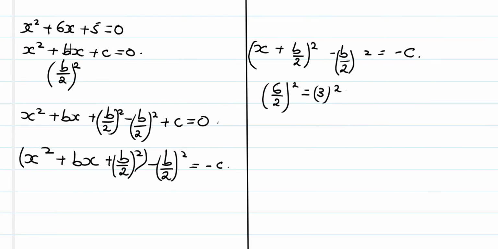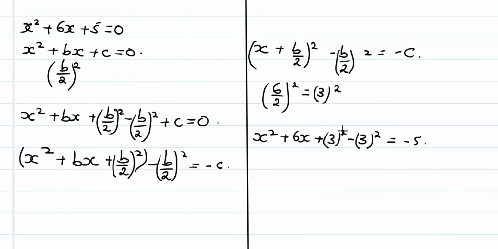So in the original equation, I take x squared plus 6x plus 3 squared, and then again minus 3 squared, so that 3 squared minus 3 squared is 0, and it will not affect the original equation. Then I take this 5 to the other side the way we did with this c, so it becomes minus 5.